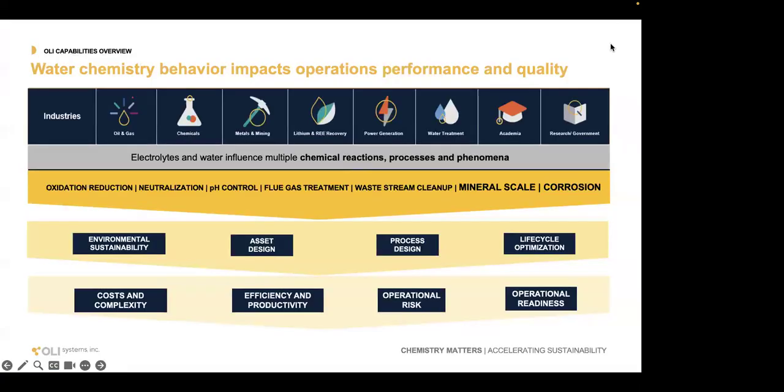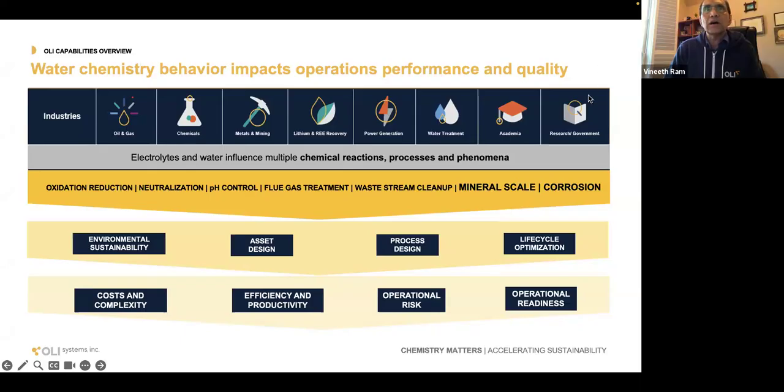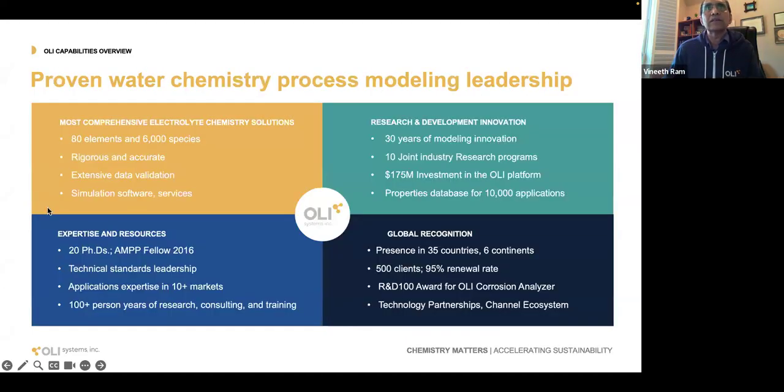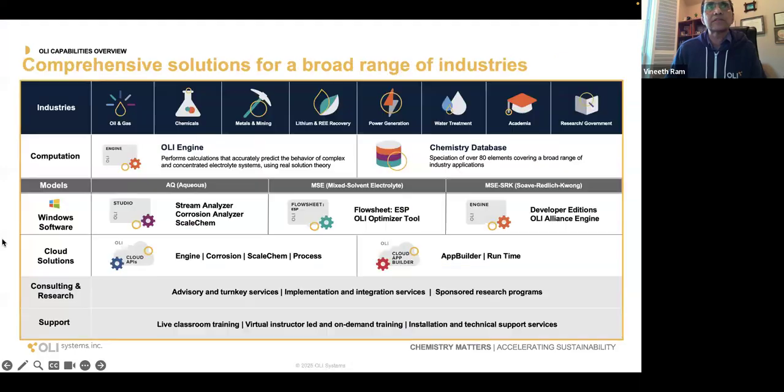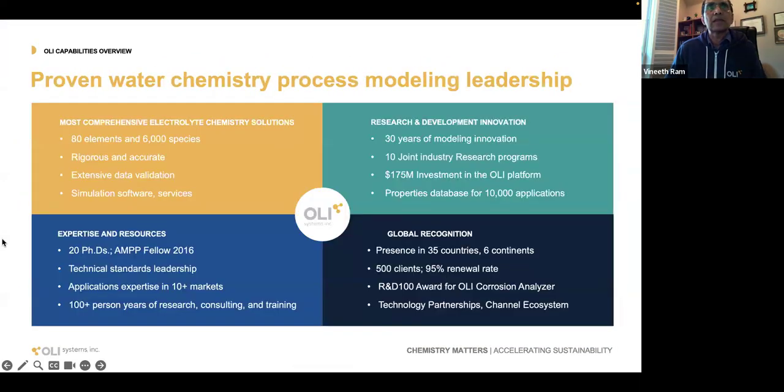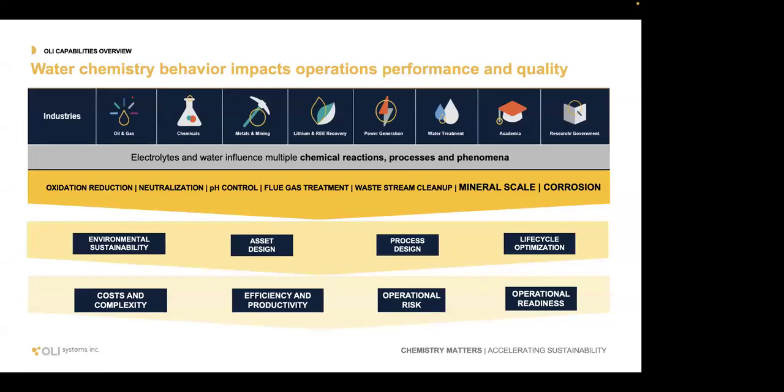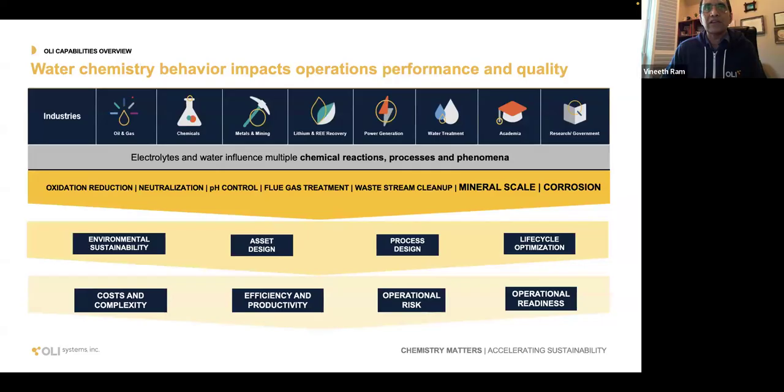Essentially, OLI is really an expert in understanding water chemistry behavior and translating that into very predictive software that can translate into very specific software applications across a broad range of industries.